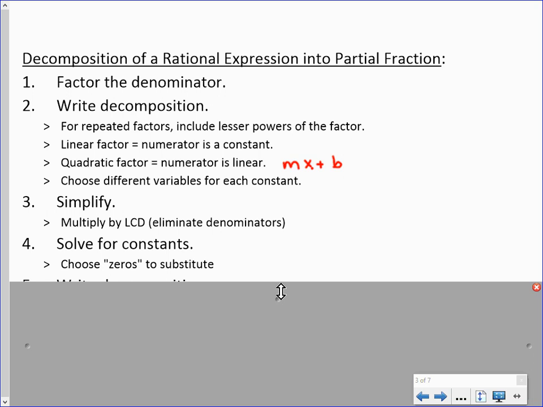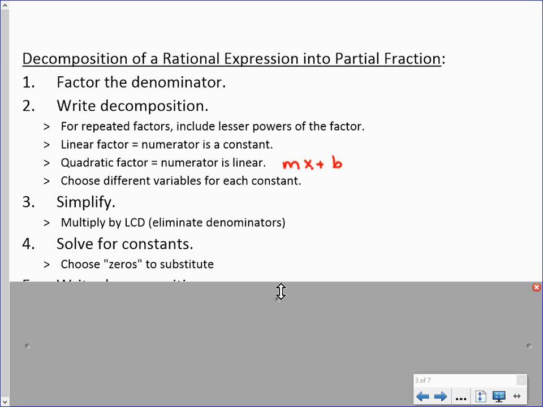So when I'm talking about the zeros, I mean the zeros of the factors that you were working on. So if you had a factor of x minus 3, what is the zero of x minus 3? X equals 3.